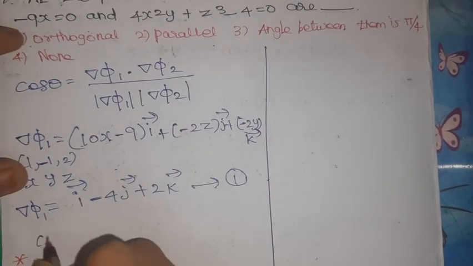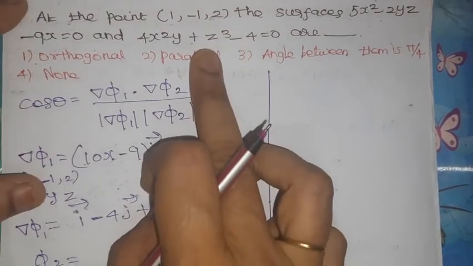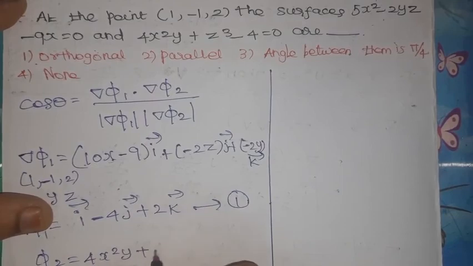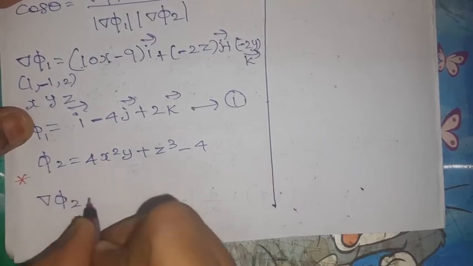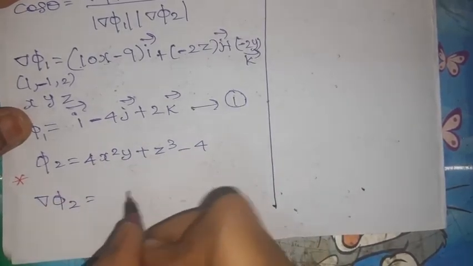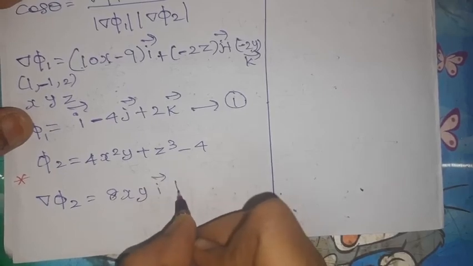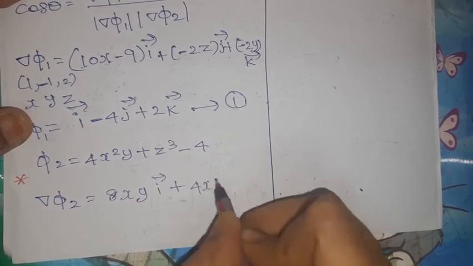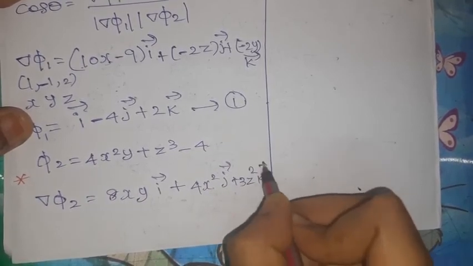Then we'll find del phi 2 value. What is phi 2? Phi 2 is 4x squared y plus z cube minus 4. So find del phi 2: dou by dou x of this gives 8xy i, plus dou by dou y gives 4x squared j, plus 3z squared k.